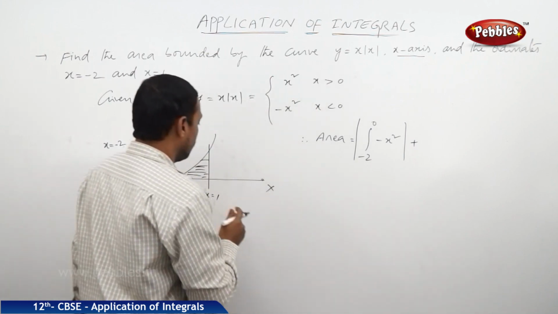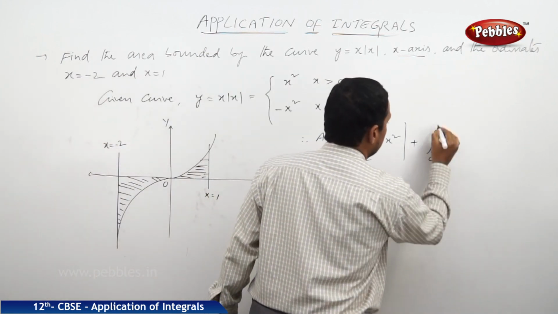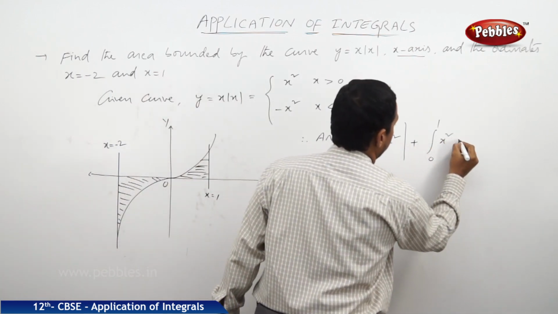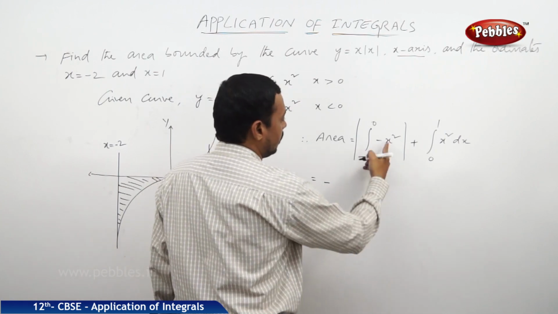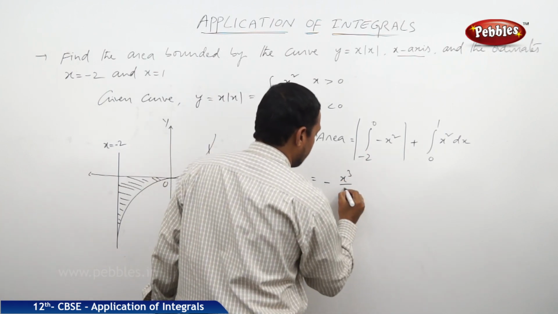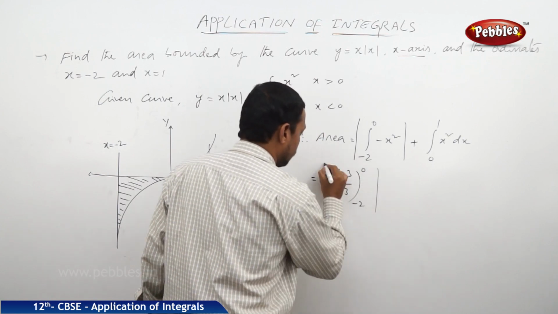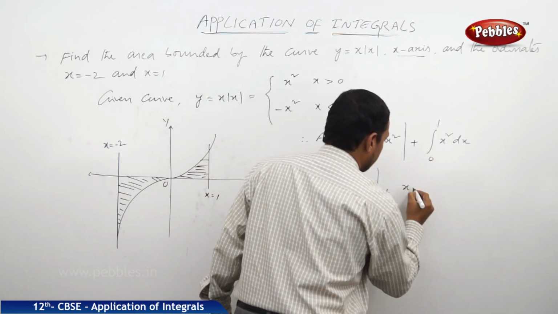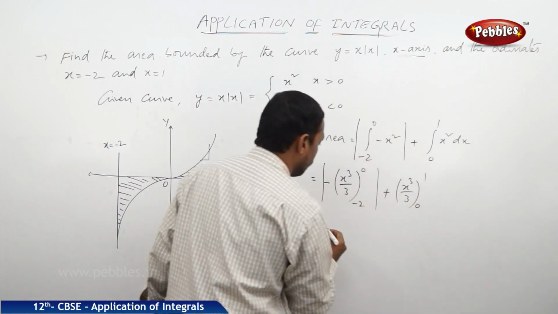Plus, now the another region defined from 0 to 1, that is the integral from 0 to 1, the curve y is equal to x square here. Now this is minus of the integral of x square, x cube by 3 between the limits minus 2 to 0 under modulus, plus the integral of x square, x cube by 3 between the limits 0 to 1.